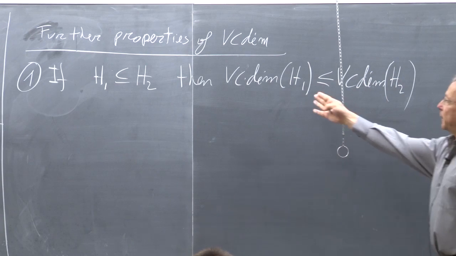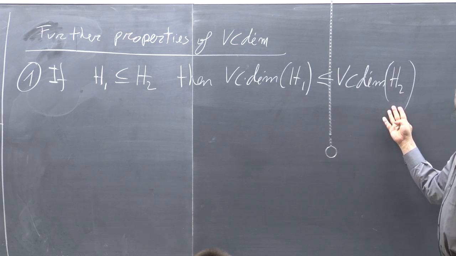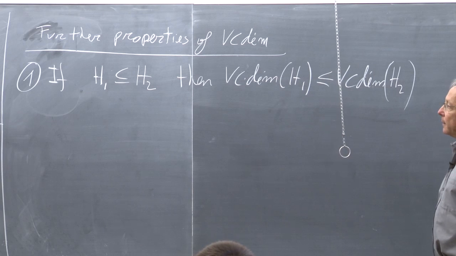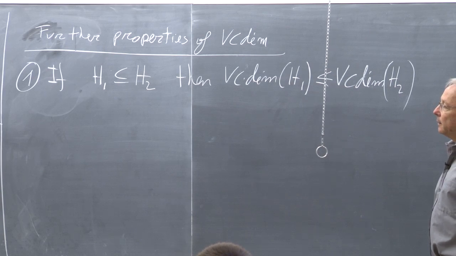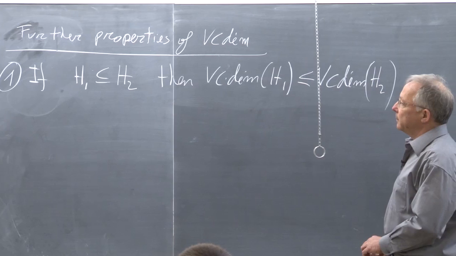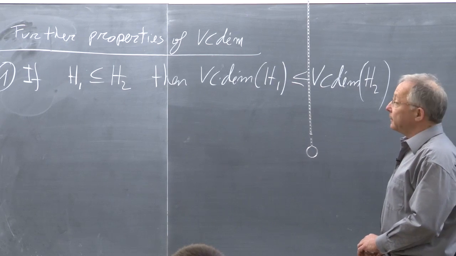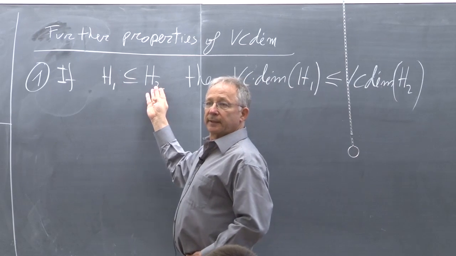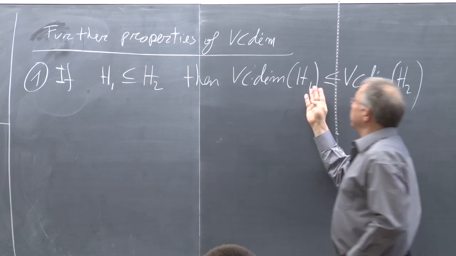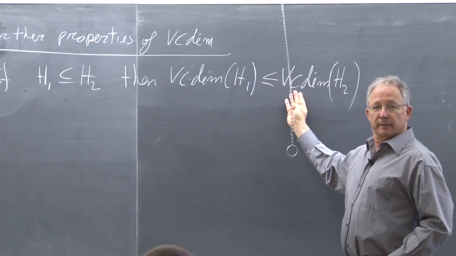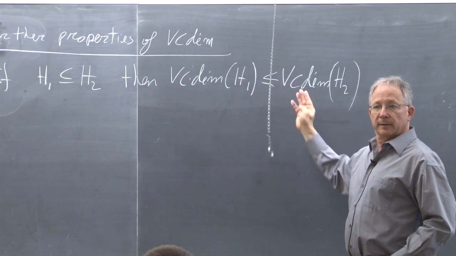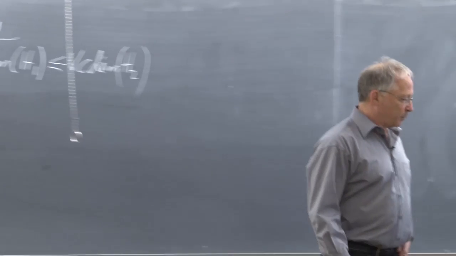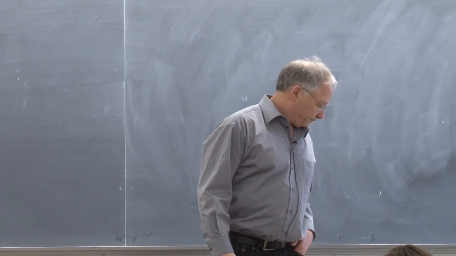Because if the smaller class can shatter anything, clearly the bigger class can shatter it as well. And it could be that we have a strict increase in the class but not a strict increase in the VC dimension.